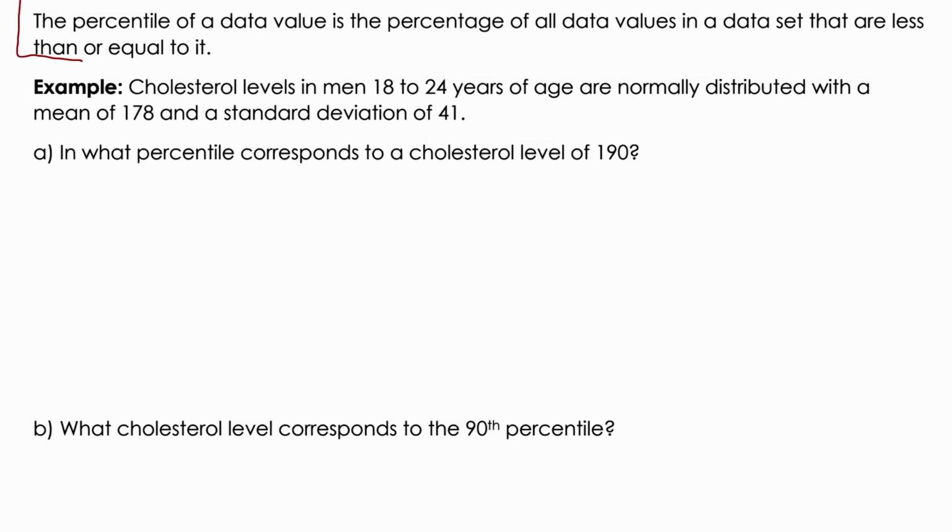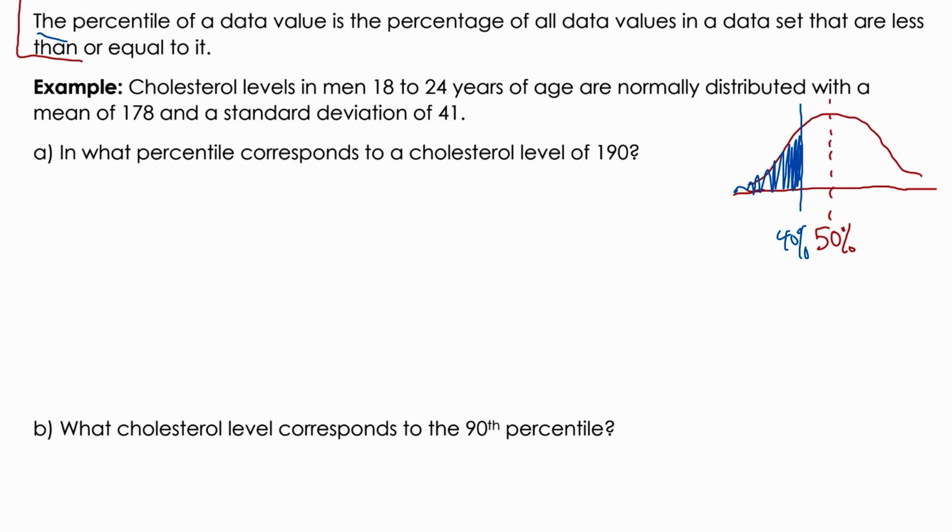Looking at it as a picture, if we were looking at the 40th percentile for weight for my daughter, here's 50%, right? That's the center, 50 on the left, 50 on the right. So this would mark the 50th percentile. The 40th percentile means it's this value right here. So there are 40% of kids her age that weigh less than her.